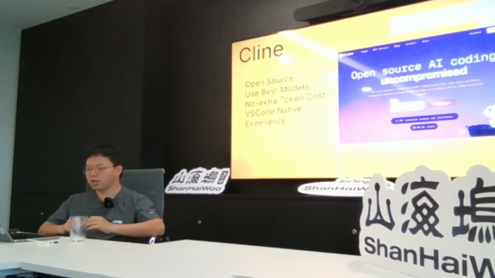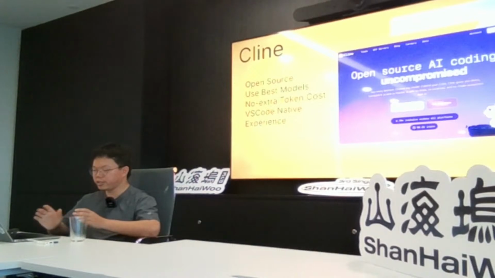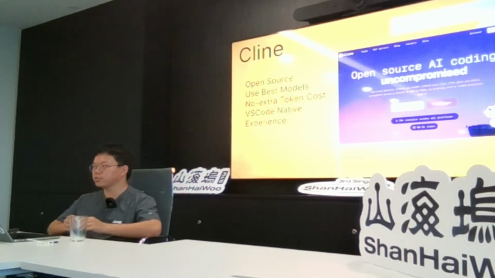and for some enterprise environments. And also, since Cline uses your own model API and API keys, you can just choose the model you like without any extra token cost.